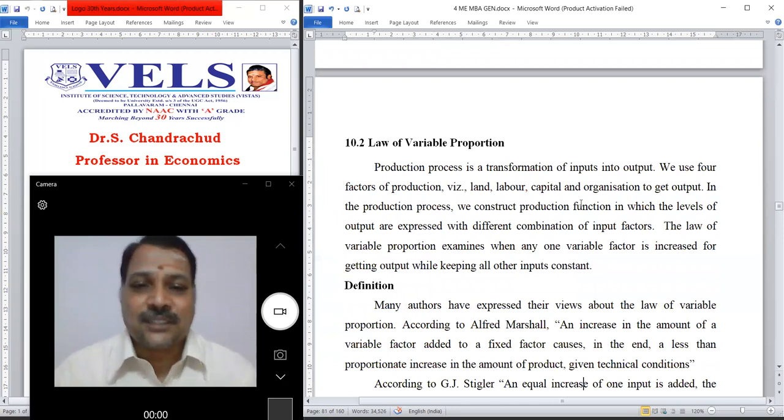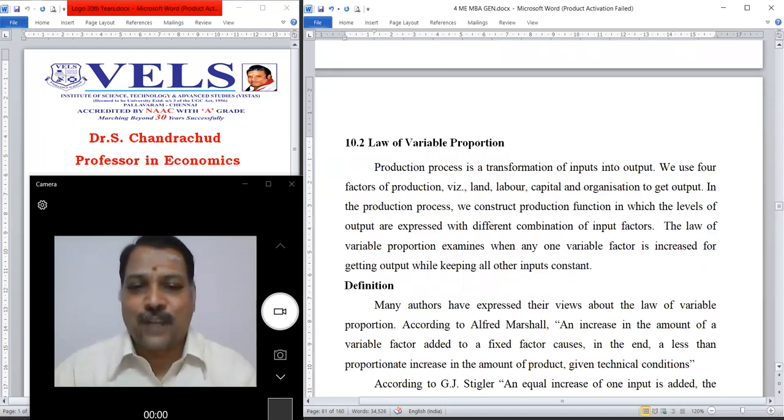Production process is a transformation of input into output. We use four factors of production, namely land, labor, capital, and organization to get the output. In the production process, we construct the production function in which the levels of output are expressed in different combinations of inputs.